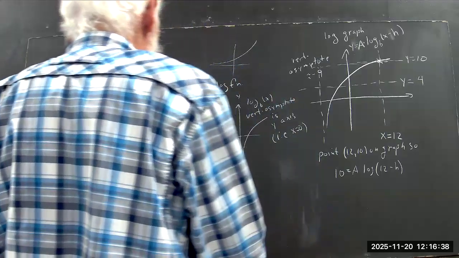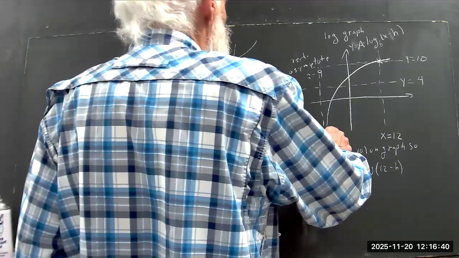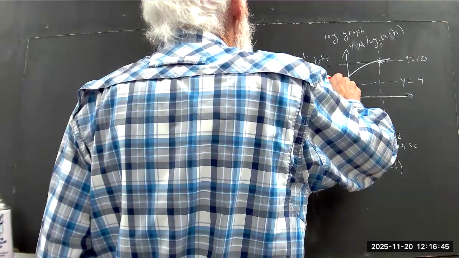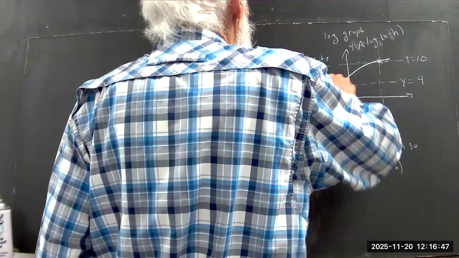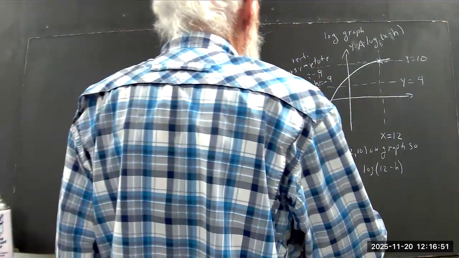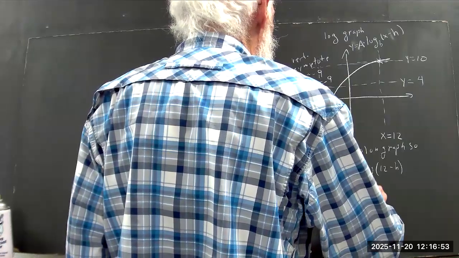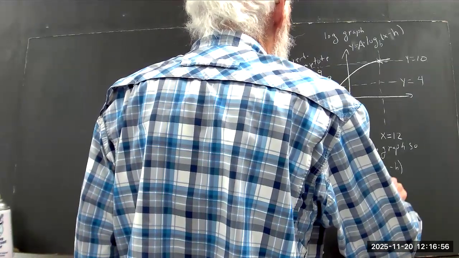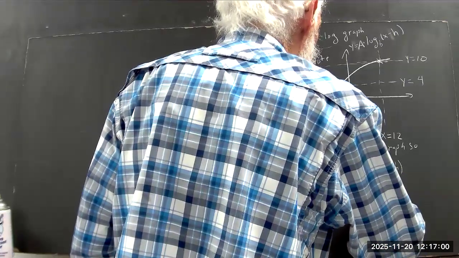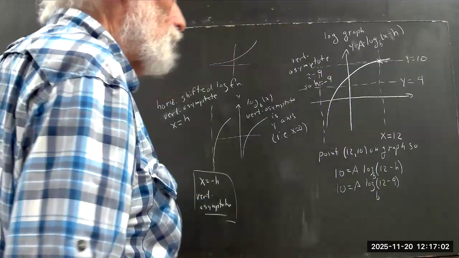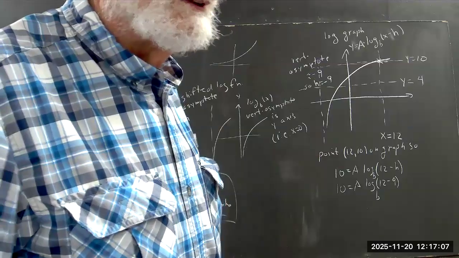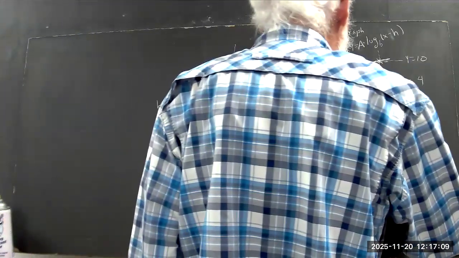So now, vertical asymptote's -9. So h equals -9. So we got n equals a log base b of 12 minus 9, which is log base b of 3.